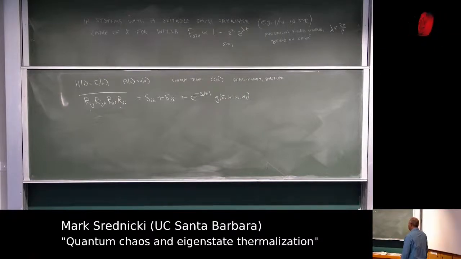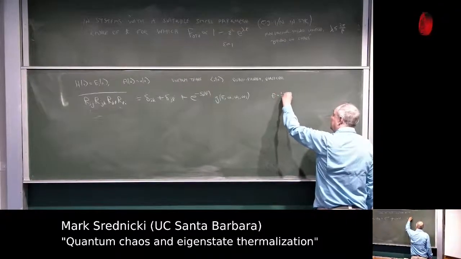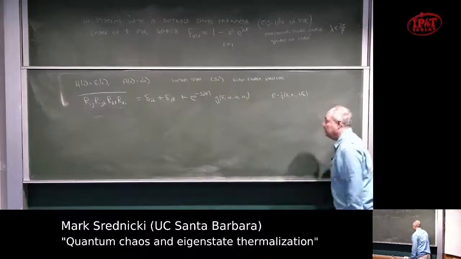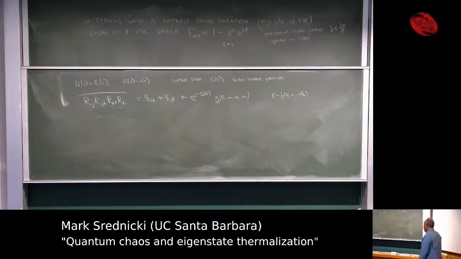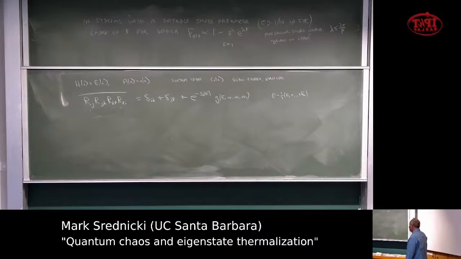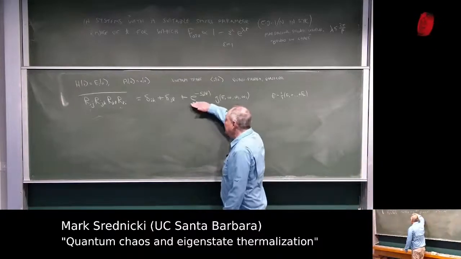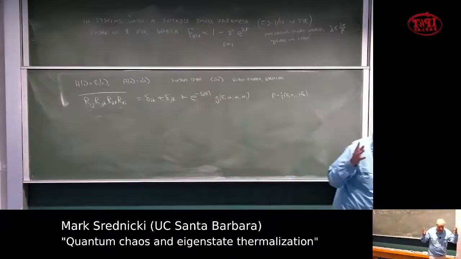And then there's another function which is analogous to the F function, where E is now the average of the 4 energies, and these omegas are 3 energy differences, the 4th being fixed, a linear combination of the others. So in the sense of looking at individual matrix elements, this is an exponentially small correction to these Kronecker deltas, and you might think that's exponentially small, why should we care about it?